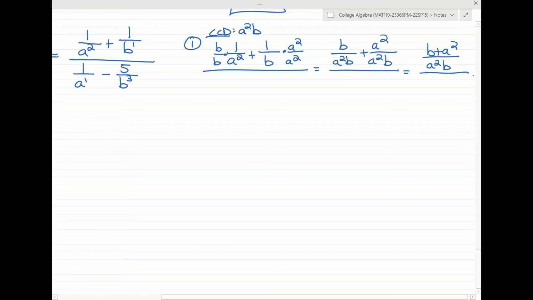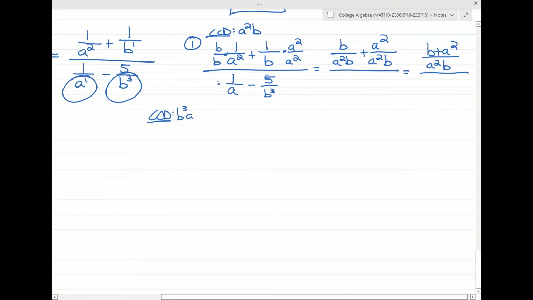We'll do the same thing with the bottom. What would be the LCD between a to the first and b to the third? It has a and b cubed in it. So we multiply by whatever's missing. We just have 1 over a to the first minus 5 over b to the third. And we're going to multiply by whatever's missing. So we'll multiply this by b to the third over b to the third.